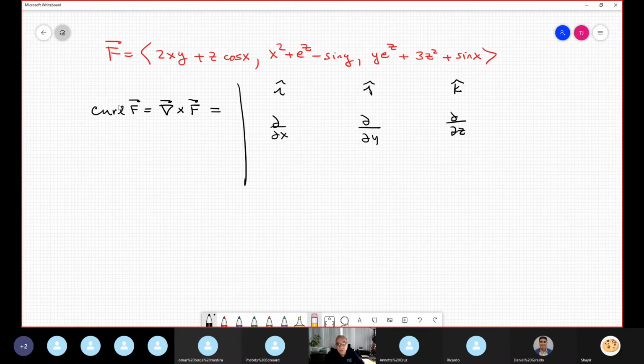I just copy here the expression P, Q, and R. 3 components, 3 dimensions.